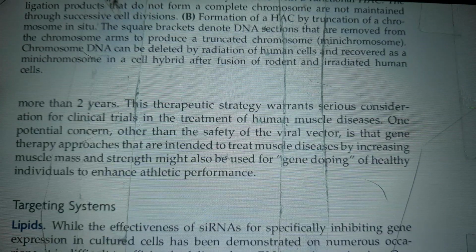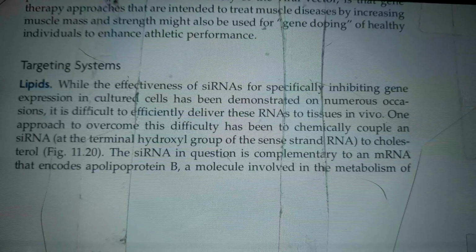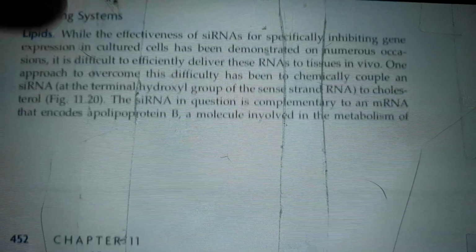This therapeutic strategy warrants serious consideration for clinical trials in the treatment of human muscle diseases. One potential concern, other than the safety of the viral vector, is that gene therapy approaches that are intended to treat muscle disease by increasing muscle mass and strength might also be used for gene doping of healthy individuals to enhance athletic performance.